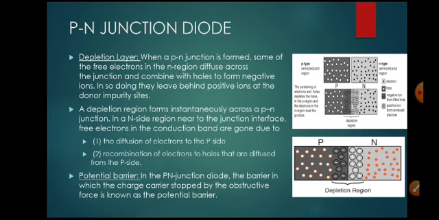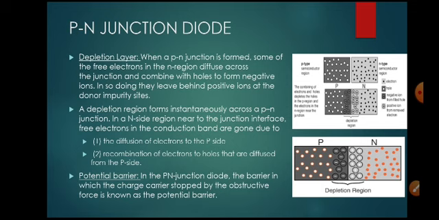Due to the accumulation of negative and positive charge carriers, there is a region where no current can flow. This region is called a depletion region or depletion layer. This depletion layer plays a vital role in conducting electricity.